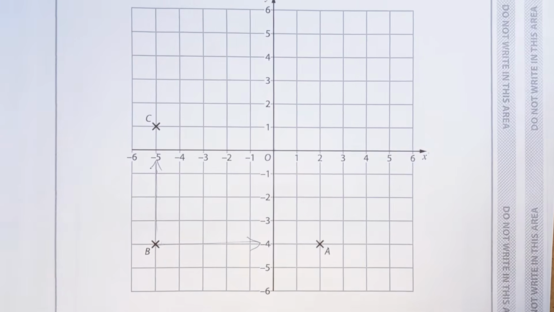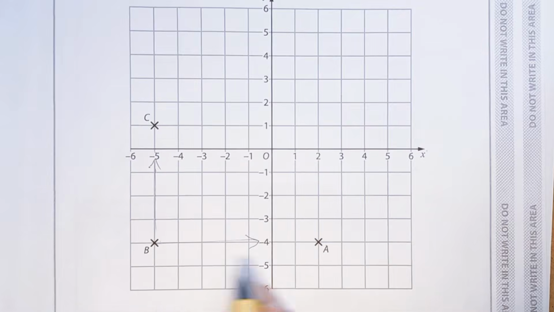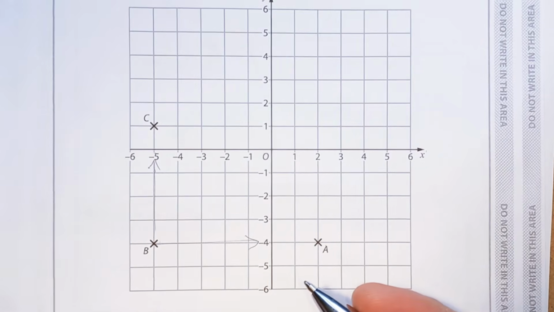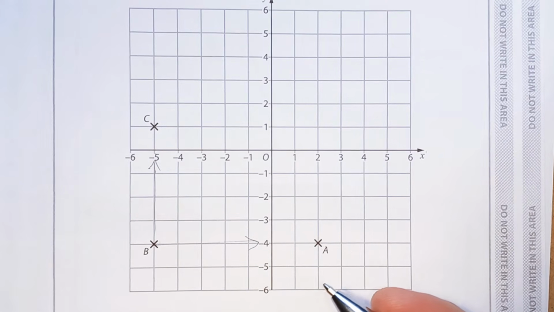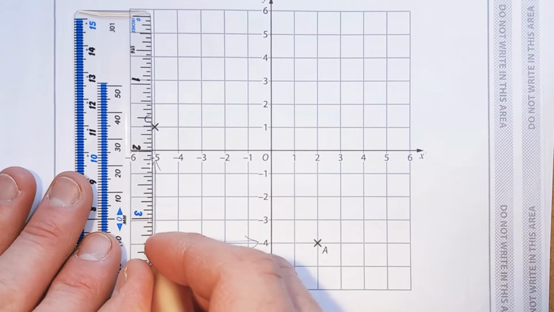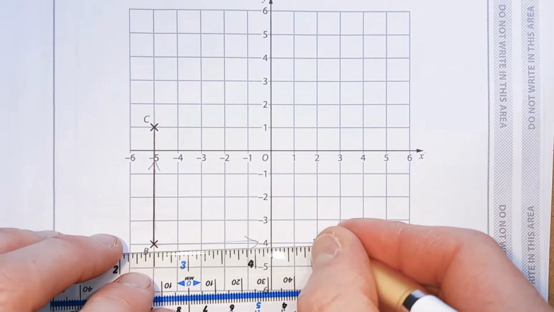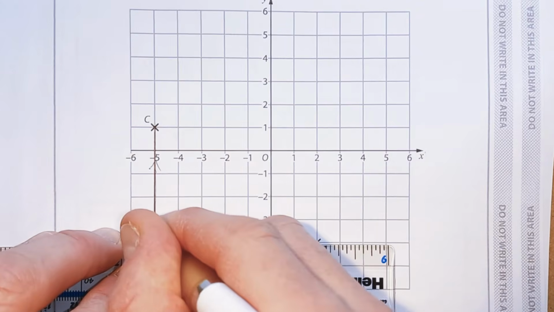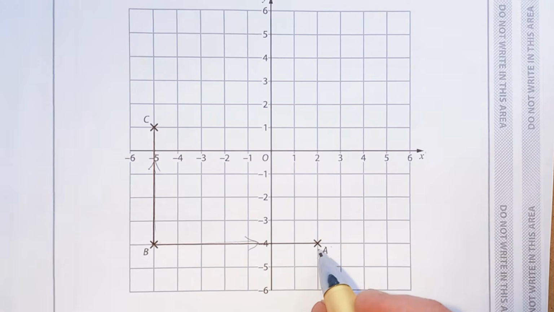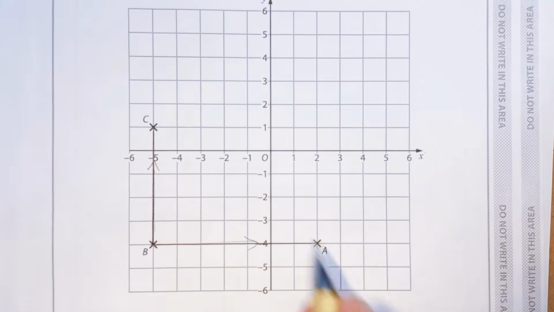Right, so we've got to make a trapezium using these points and an extra point that we're going to put on, which is going to be point D. Well, I'm going to join these together, so we've got 3 points to connect, so we've got 2 sides. So I'm guessing D is going to be over here somewhere.